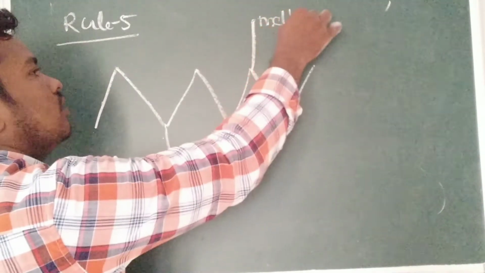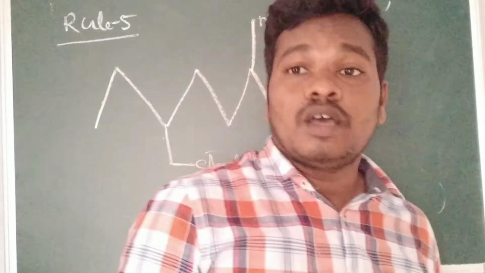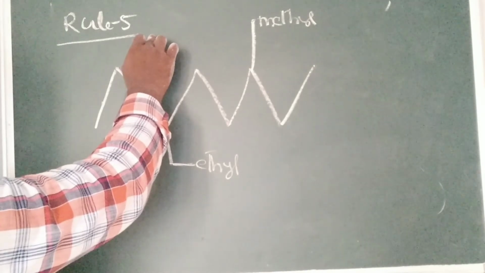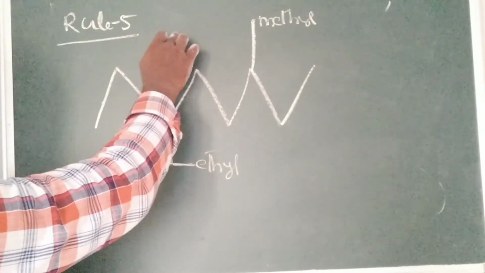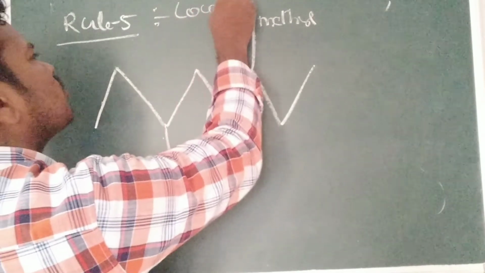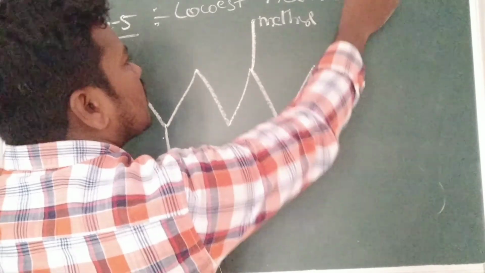Methyl or ethyl: which branch will come first? That's why rule number 5 is assigned: the lowest number is given to the substituent coming first in alphabetical order.